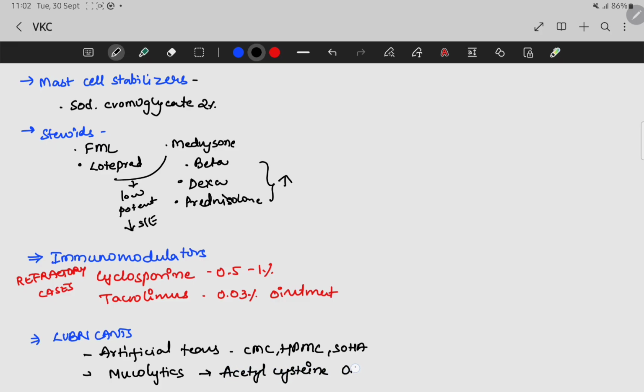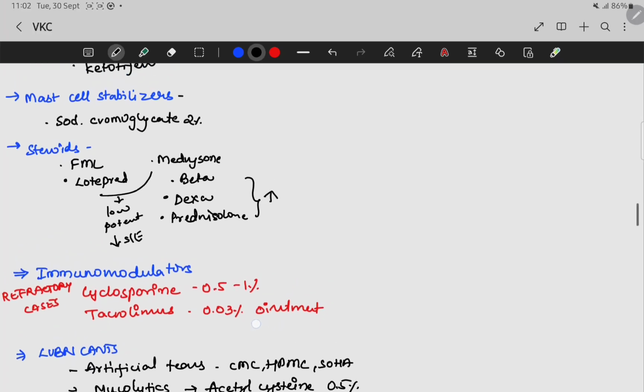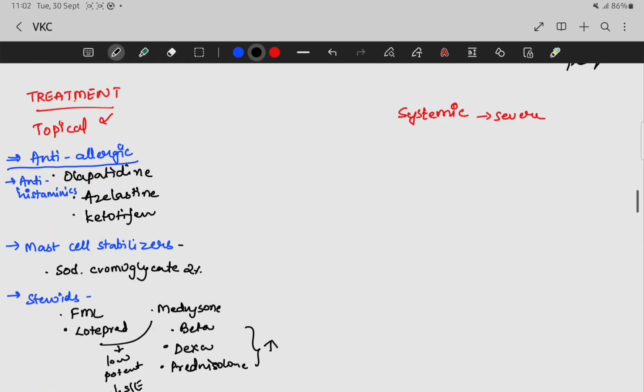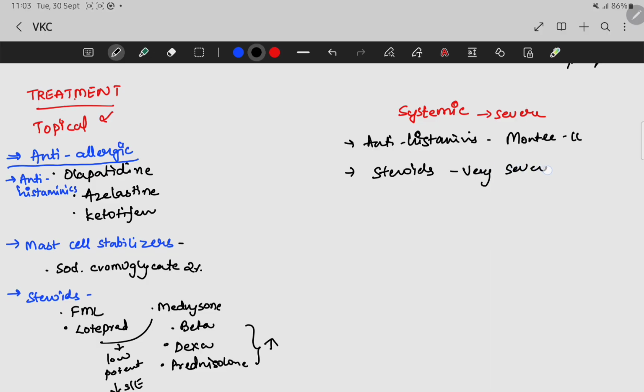Now coming to the systemic medications, we can use the same antihistaminics like montelukast, levocetirizine and all. We can use systemic steroids in very severe cases. So yes, we have the ALHM protocol.